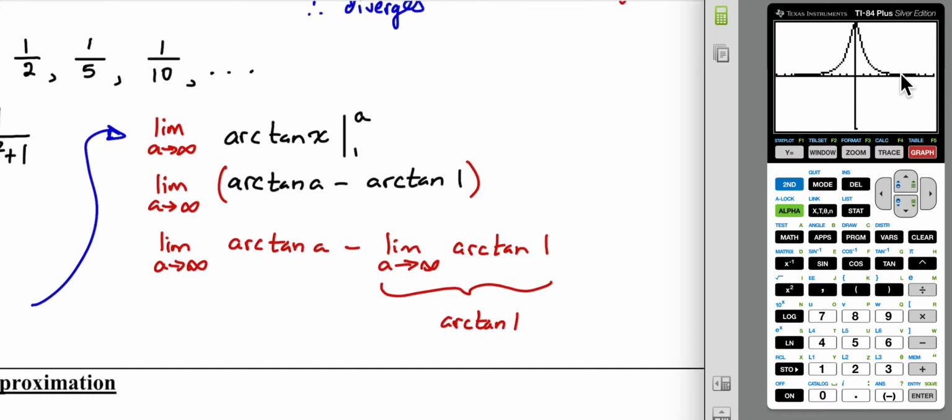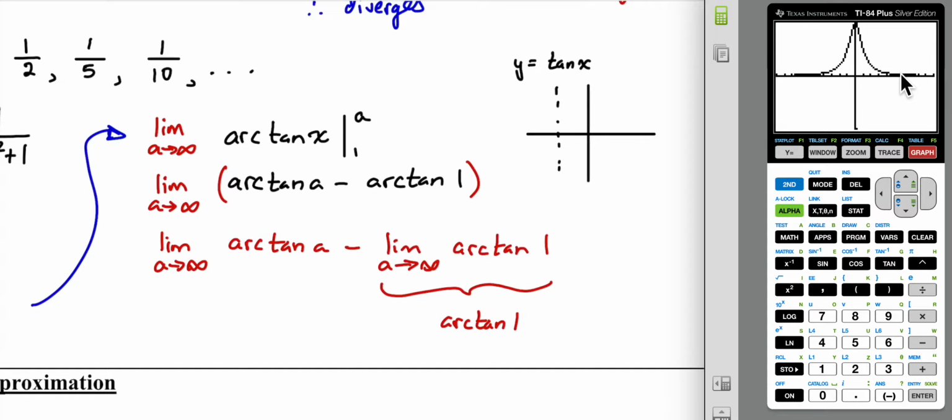You can look at the picture, but ideally you'd be able to reason that out too, because if you know the domain for the tangent function. So here's y equals tangent of x, and we talked about this way back in the first unit.